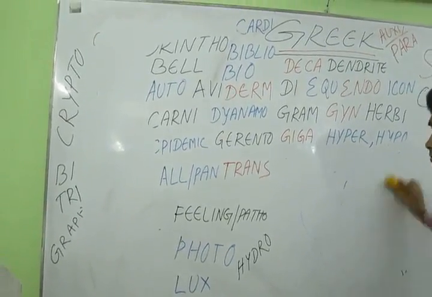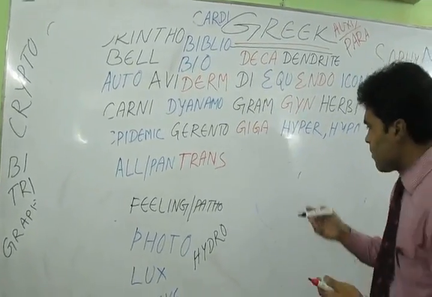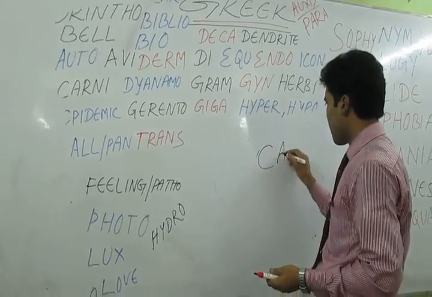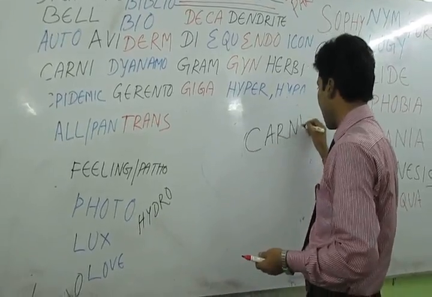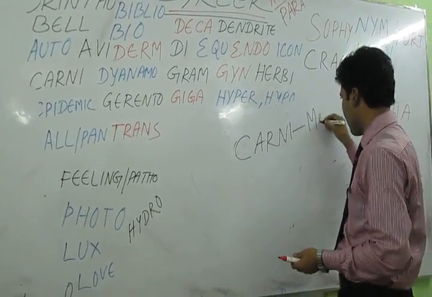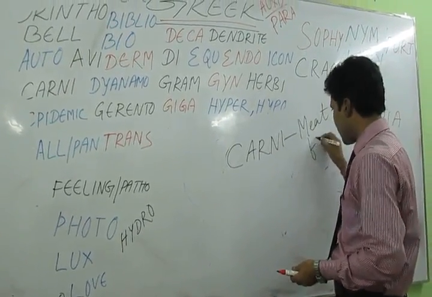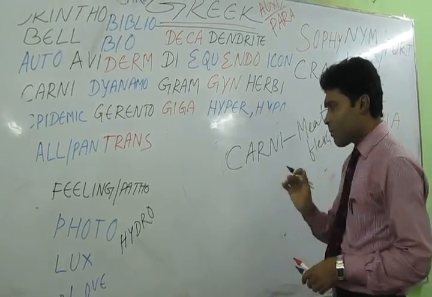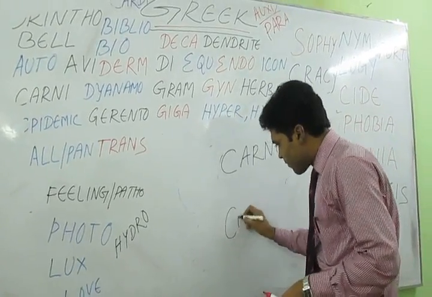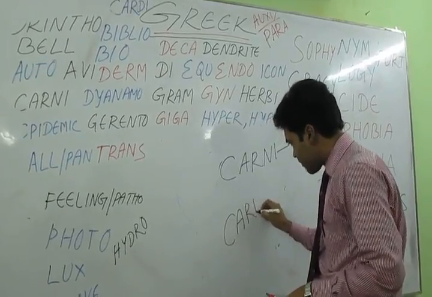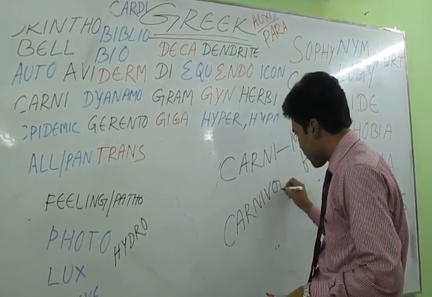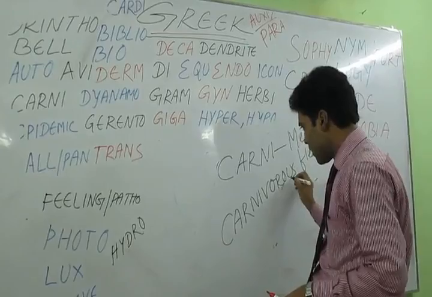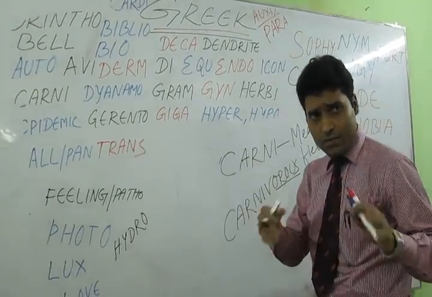Another is carni. Carni, C-A-R-N-I, means meat or flesh. That means if I say carnivorous, C-A-R-N-I-V-O-R-O-U-S, O-U-S means full of.